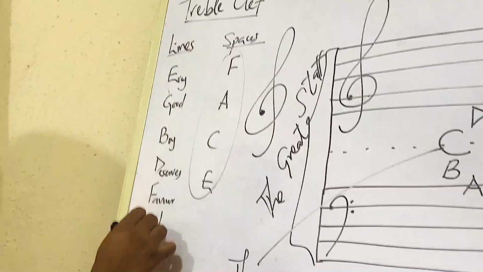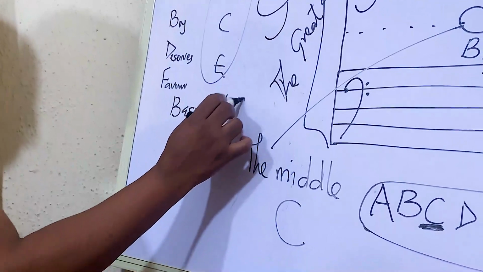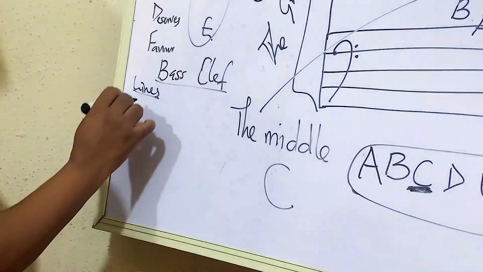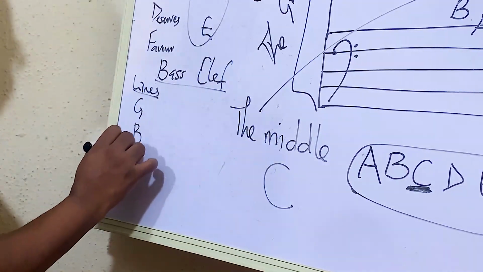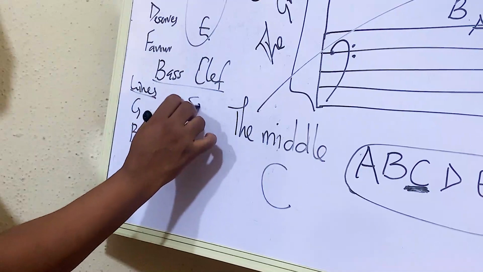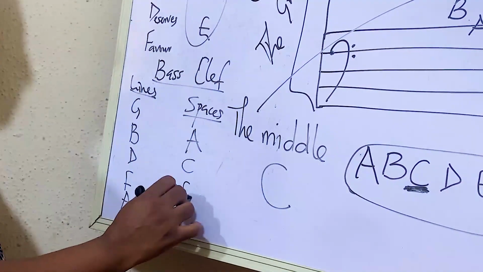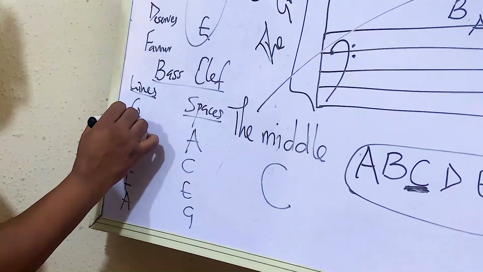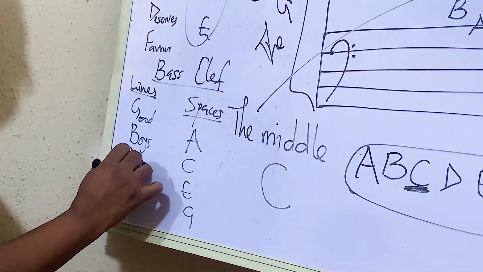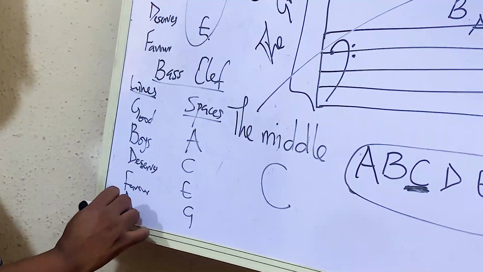We come to the bass clef, and we have the lines. We have G, B, D, F, A, and then the spaces we have A, C, E, G. So an acronym says Good Boys Deserve Favor Always.